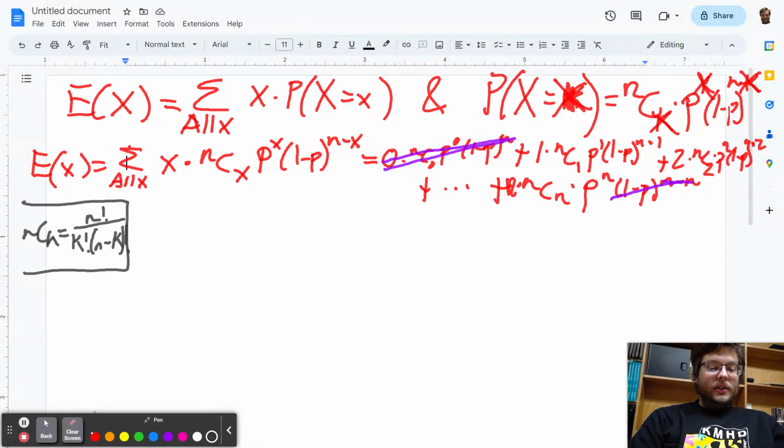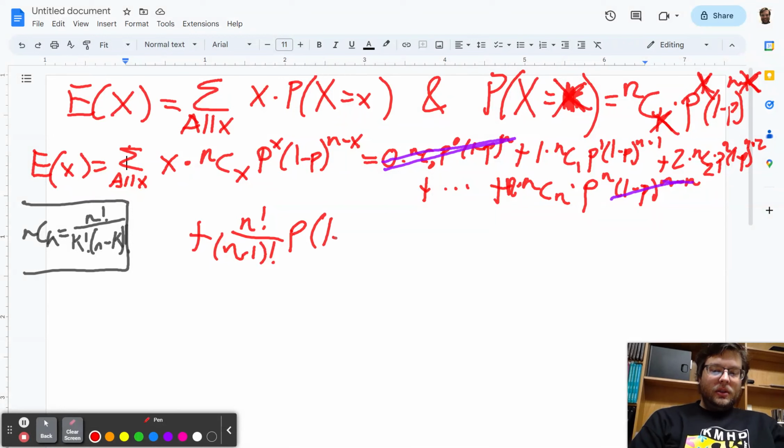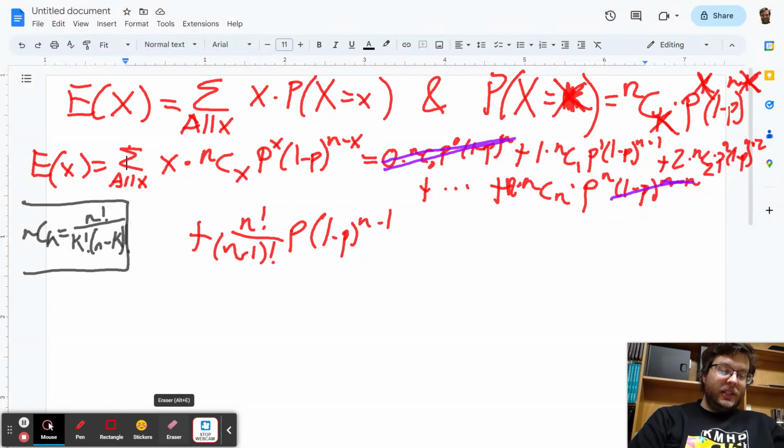So I'm going to write out our sum again in a slightly different format. So we've got n factorial over n minus 1 factorial times p times 1 minus p to the n minus 1. Oops, I shouldn't have put plus at the beginning. I should have put equals.